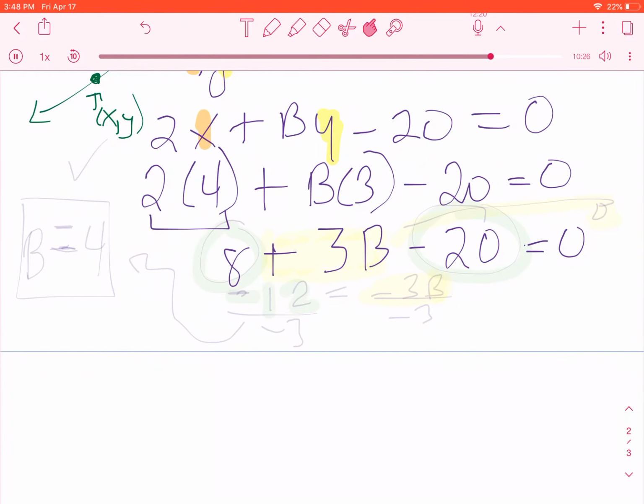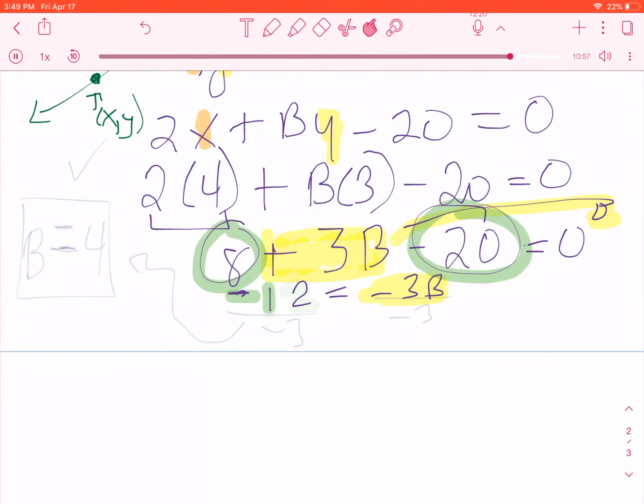Now what ends up happening is I can actually just bring over this plus 3b to the right side. So I'll be left with 8 minus 20, which is actually just negative 12, is equal to negative 3b. Sorry, not negative 14, I meant to say negative 12.